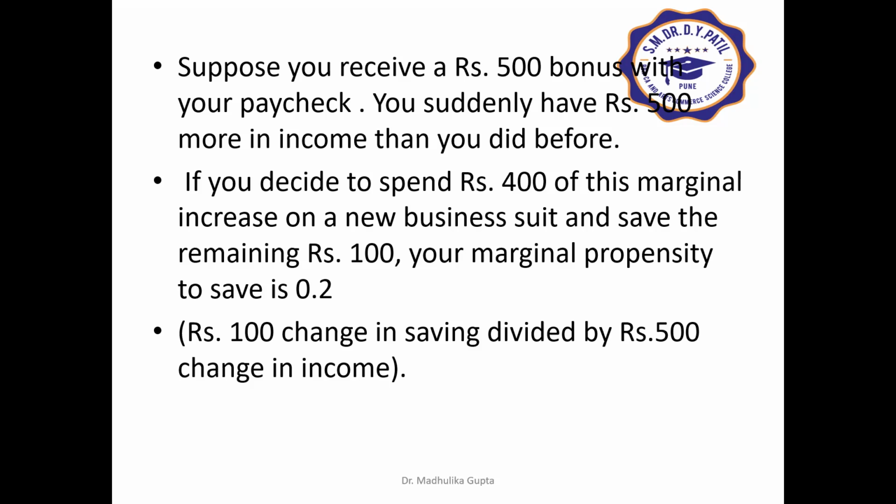So if economists know what consumers' MPS is, they can determine how an increase in government spending or investment spending will influence saving. MPS is used to calculate the expenditure multiplier using the formula 1 divided by MPS. That is, the expenditure multiplier tells us how changes in consumers' MPS influence the rest of the economy.